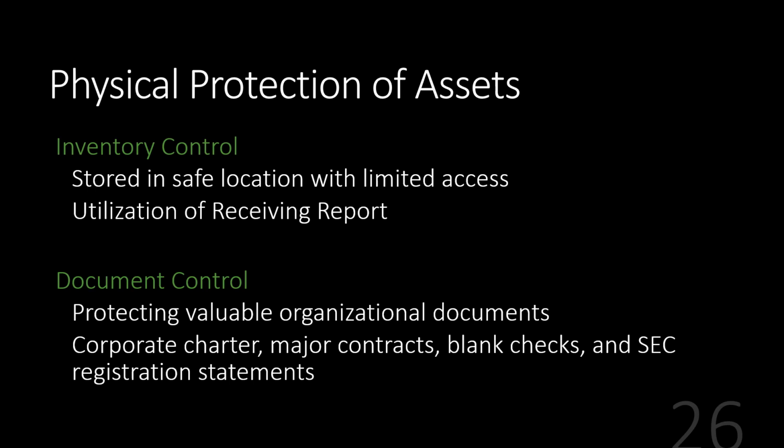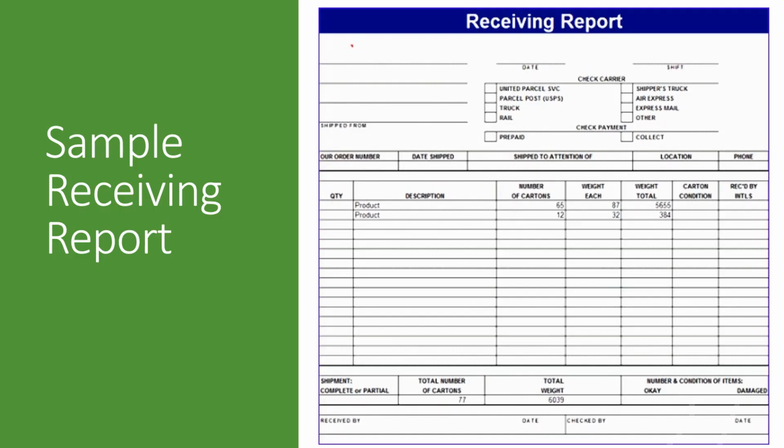Also, even things like organizational documents, key contracts, corporate charters, etc. In here we can see a sample receiving report. Here you've got a form with fields that are filled in, and then down at the bottom you've got received by, checked by, so you've got a place where people can indicate their responsibility for it at that point in time.